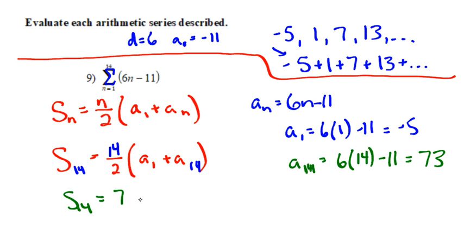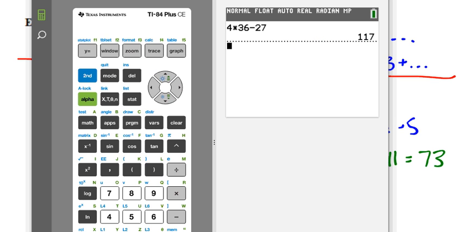14 over 2 times the sum of the first and last terms: 7 times negative 5 plus 73. And I get 476.